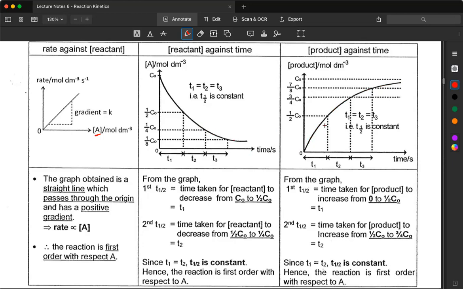Then for the other half to reach 3/4, you take half of this, then you add this one, you will get 3/4 because half of this is 1/4. 1/4 plus this gives you 3/4. So this is how it was calculated.